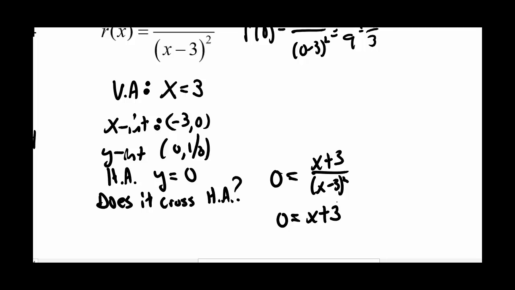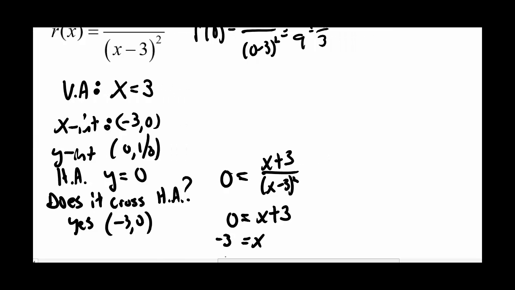Now, in doing that, I am assuming that x is not equal to 3. So if this process gives me the number 3, then I know it's not going to work. Plus, there's a vertical asymptote at 3, so hopefully I don't get that confused. But I do recognize that I get a negative 3 out of that. So does it cross it? Yes. And it crosses it at (-3, 0). So it actually crosses it at the x-intercept.